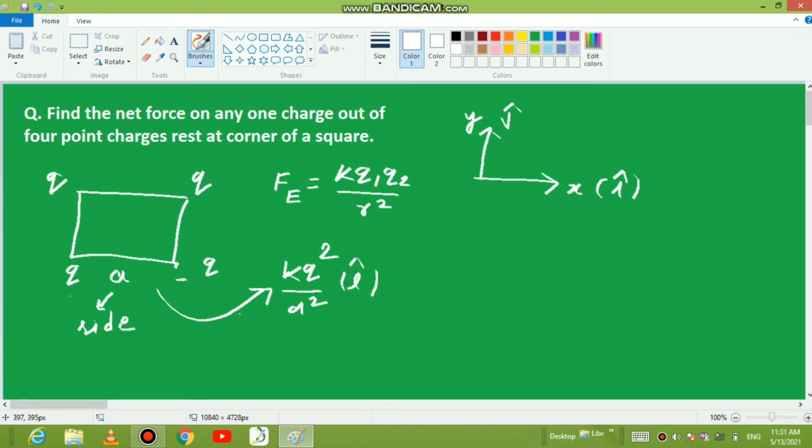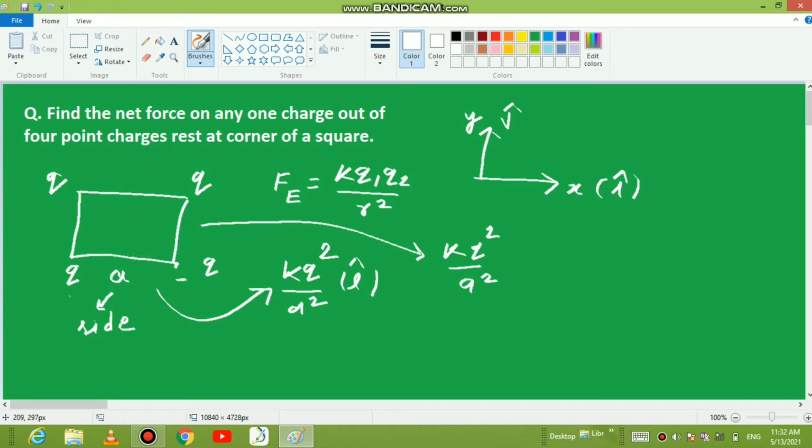Now similarly, the force between these 2 point charges will be K Q square upon A square. The magnitude of force remains the same between these and between these, but the direction is different. Here we can see that the point charges are the same in nature, so the force is repulsive.